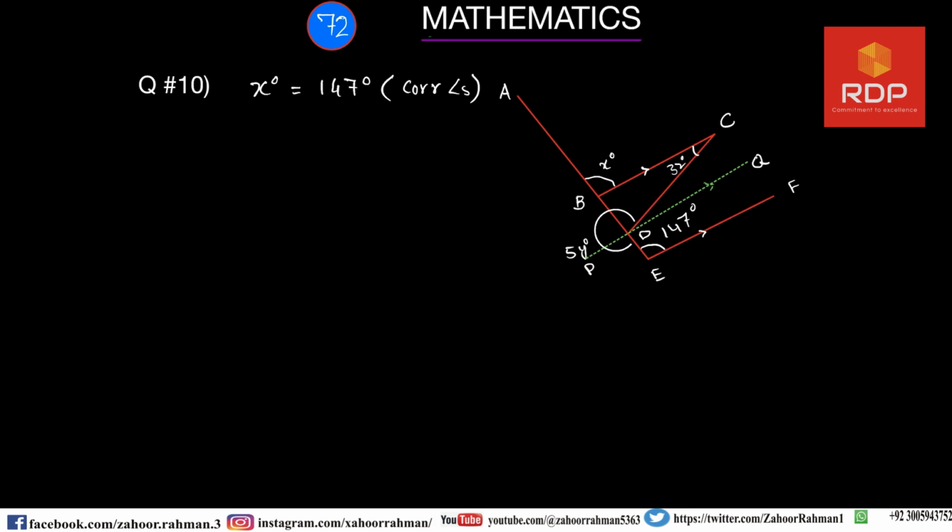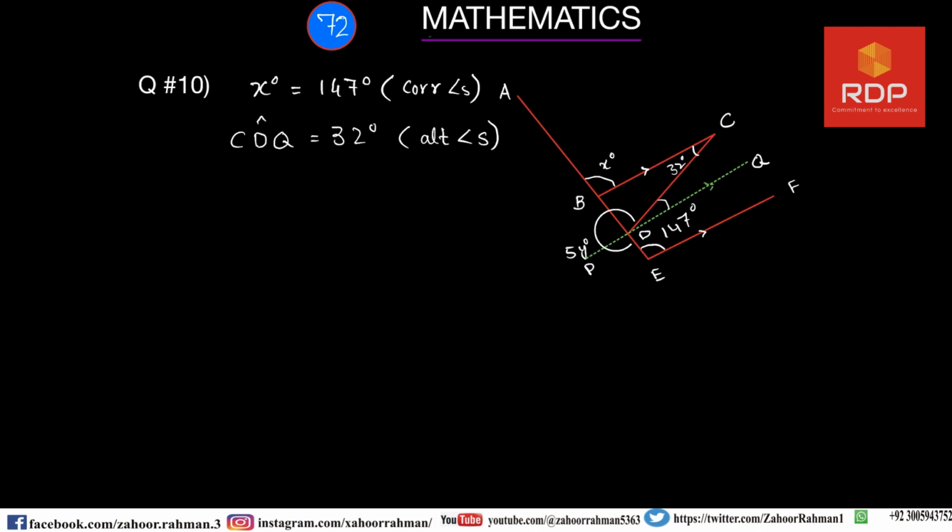Now CDQ, which is this angle, I am writing CDQ is equal to 32 degree, and that is due to the alternate angles theorem.